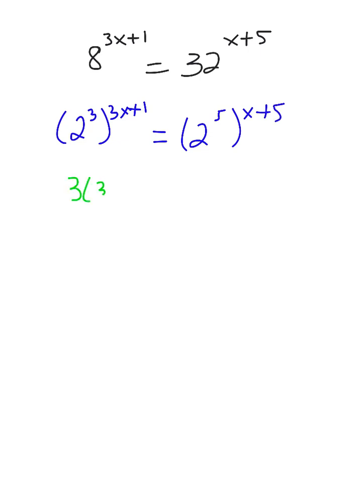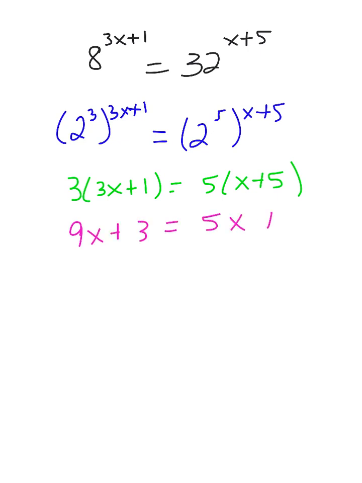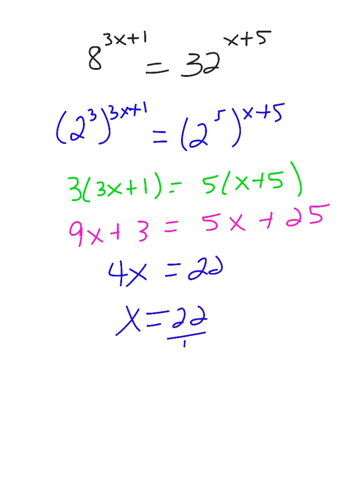So 3 times 3x plus 1 equals 5 times x plus 5. So distribute. You get 9x plus 3 equals 5x plus 25. Minus 5x minus 3. So I get 4x is equal to 22. Divide by 4, we get 22 over 4, which is 11 halves.